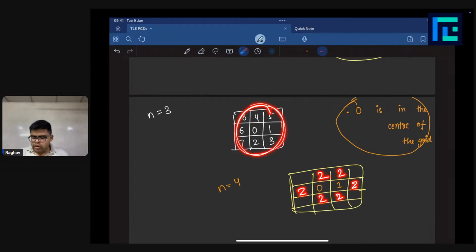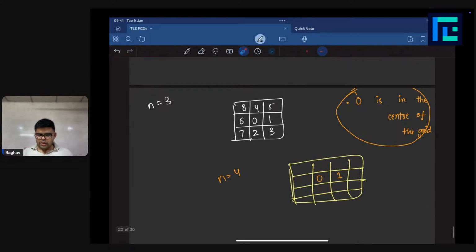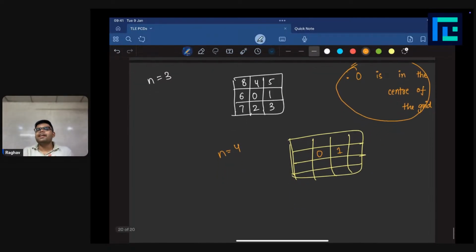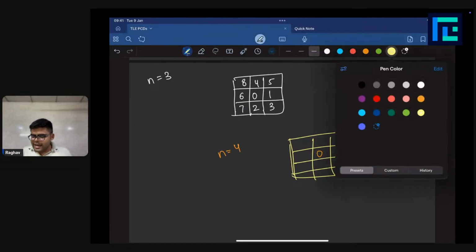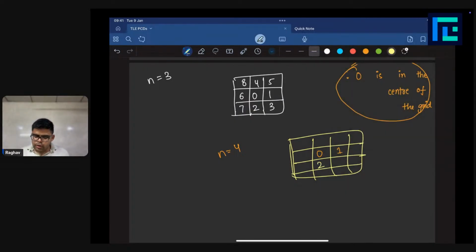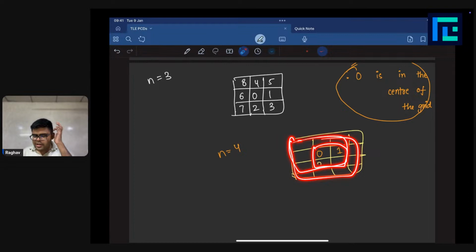I relied on the sample test case output that they had taken zero as a neighbor of, sorry, two as a neighbor of zero. So maybe these two positions are good. So I thought that, hey, for now, let's try to think in this direction. Let's decide to have two as a neighbor of zero as well, so that there are more number of subgrids now which are having 0, 1, and 2 in comparison to if you had placed 2 here.